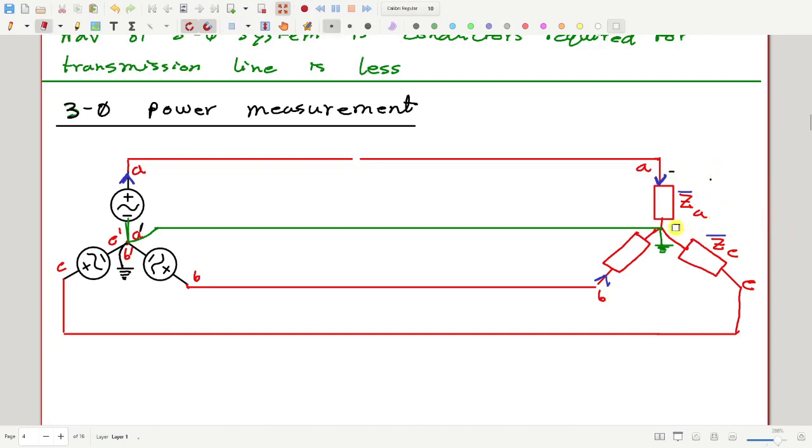Now we want to measure the total power consumed by these three loads. How to connect wattmeters?